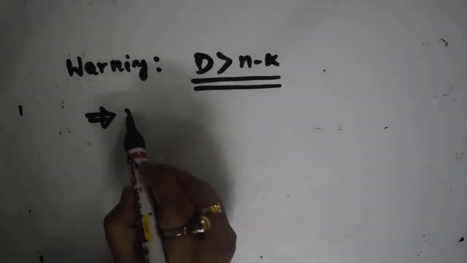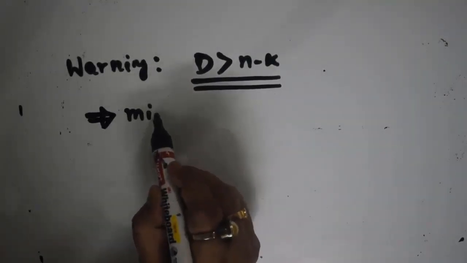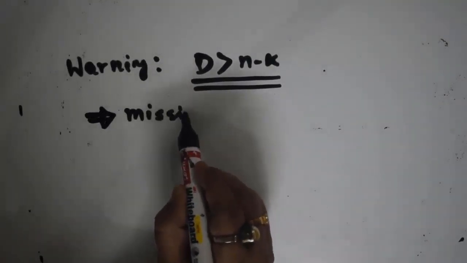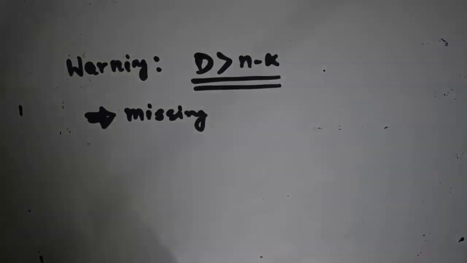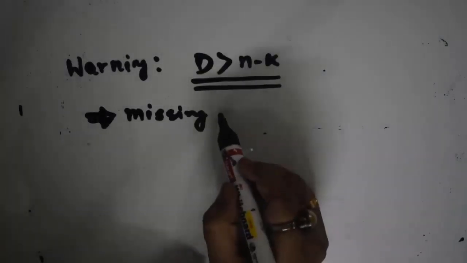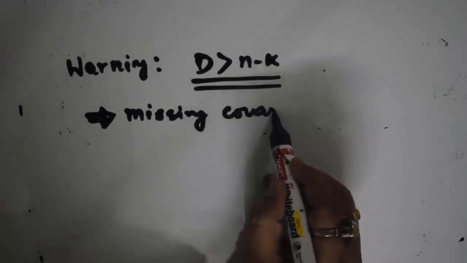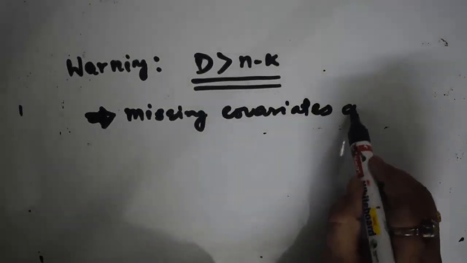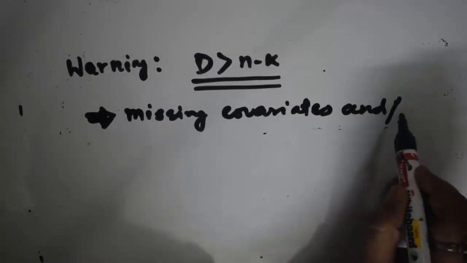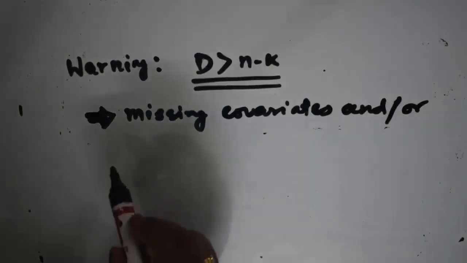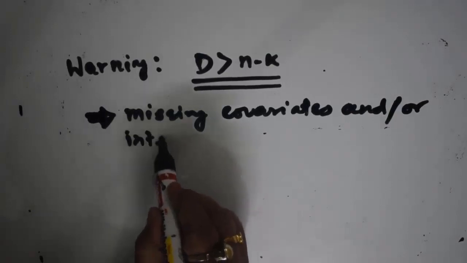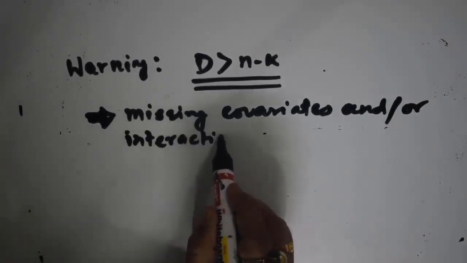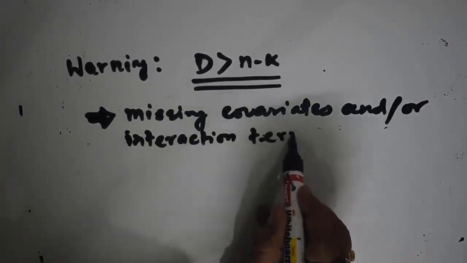One, if some covariate values are missing, that is missing covariates, and or interaction terms.